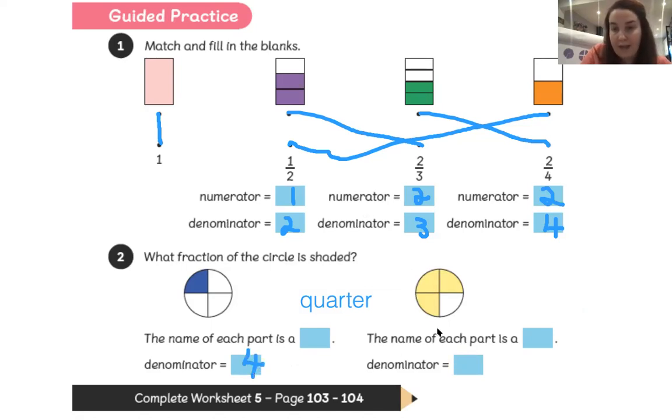Okay. And then here again on this side, the name of each part is what? There's 4 parts to that shape. So the name of each part is again a quarter, which means the denominator again is 4. Remember, the denominator is the bottom number.